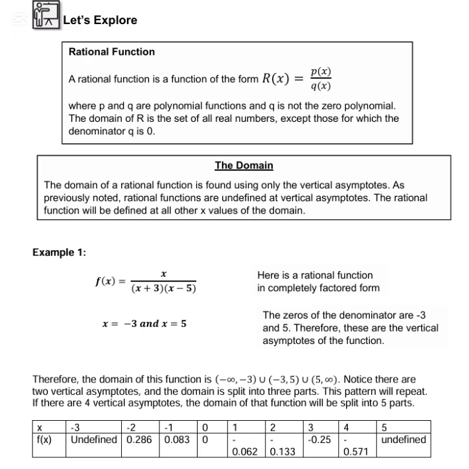In other words, the domain is determined by identifying the vertical asymptotes, which occur where the denominator is 0. The function is undefined at these asymptotes but is defined for all other x values. Later we will solve an example for the domain of a rational function.